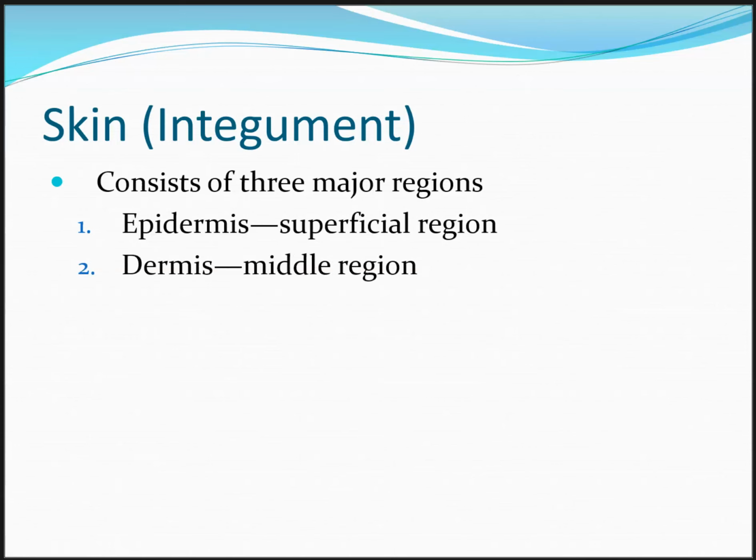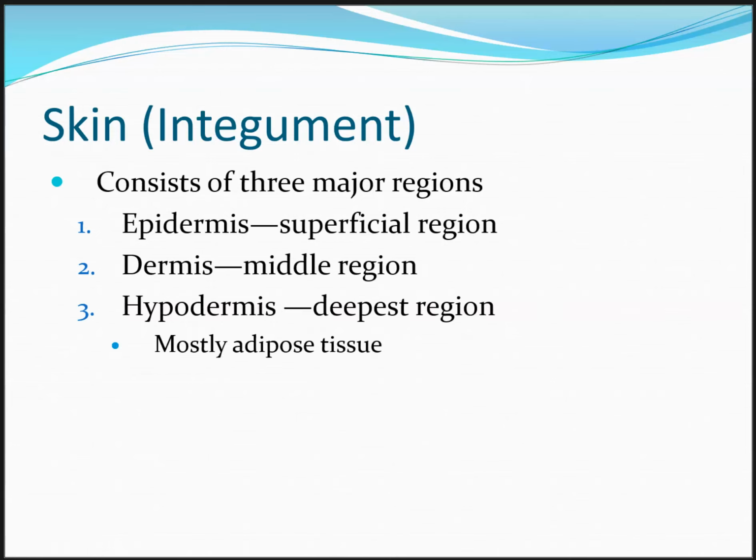The first one is the epidermis. The epidermis is the superficial region. So the region you see on the outside is the epidermis. The next region is the dermis, which is the middle region. And the third region is the hypodermis, which is the deepest region of the skin.